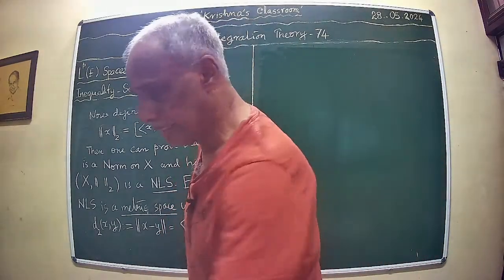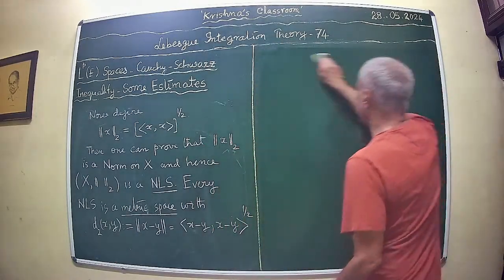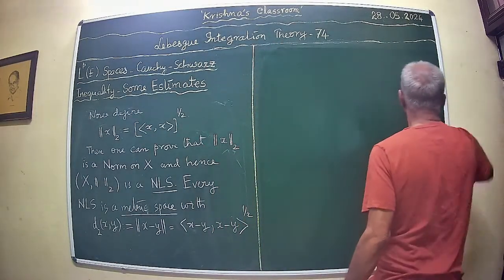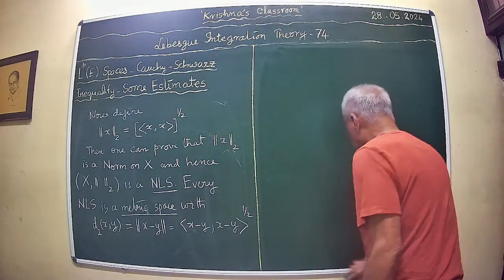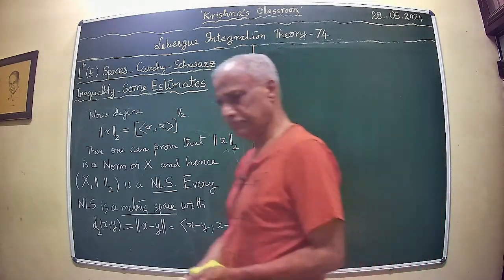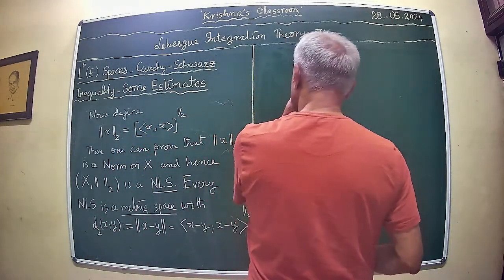So more generally, instead of R, consider C. I mean, it is possible. So this is a real inner product.